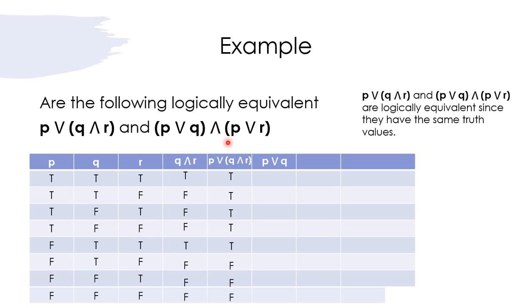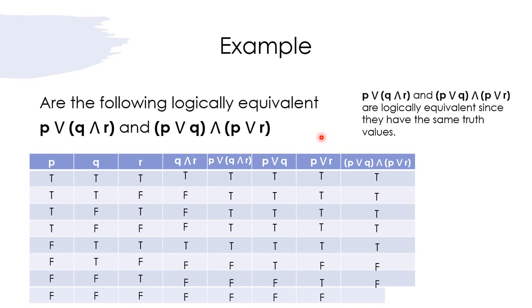So P or Q would give us these truth values, P or R would give us these truth values, and once again please feel free to verify for yourself that the truth values are correct. And now P or Q and P or R, taking the conjunction of these, would give us these truth values.